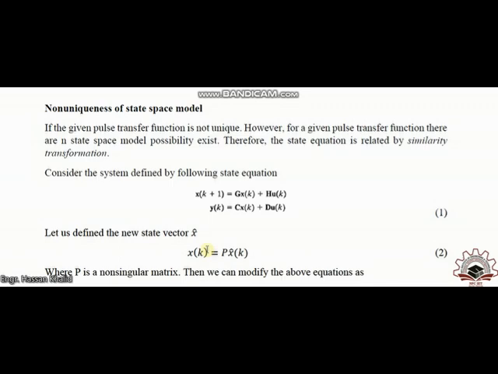Then we can modify the equation as follows. Putting equation 2 in 1, we get the first transformed form of the state equation, which is P x-tilde(k+1) equals G P x-tilde(k) plus H u(k).